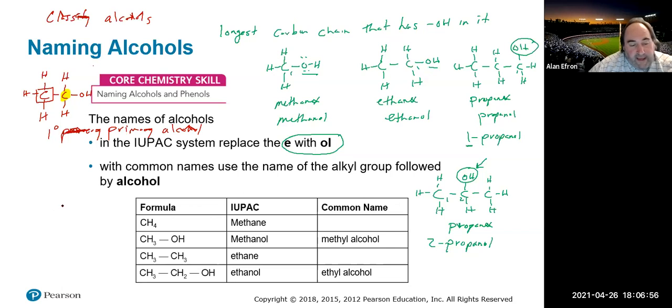Now, if we have a carbon such as this one, when we look at the carbon that is attached to the OH group, that carbon has directly attached to it 1 carbon and 2 carbons.